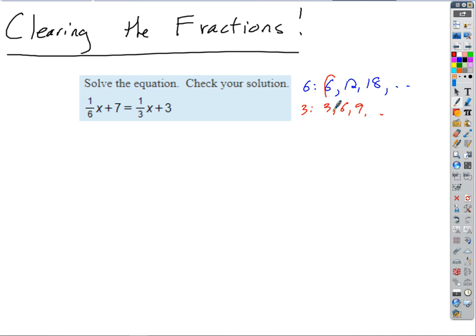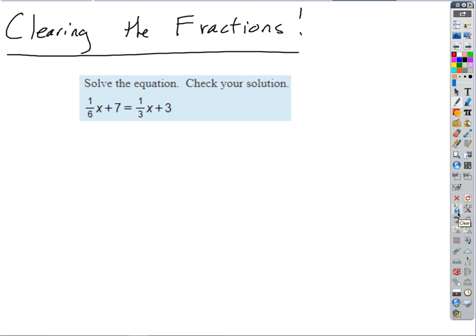Well, there it is. 6 is the smallest one that appears on both lists, right? You don't have to go through all that process. A lot of times you can just kind of power through it in your head. You know, what's the smallest thing they both divide into? Well, 3 goes into 6, so it'd be 6, right? 6 divides into itself one time. Okay, make sense?